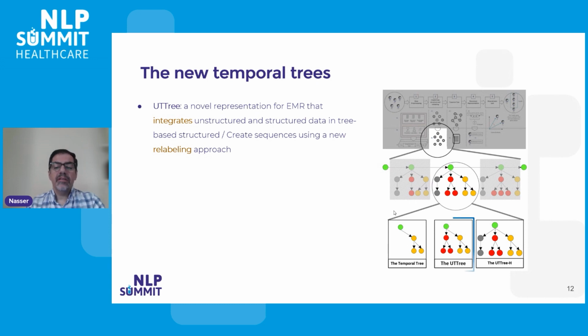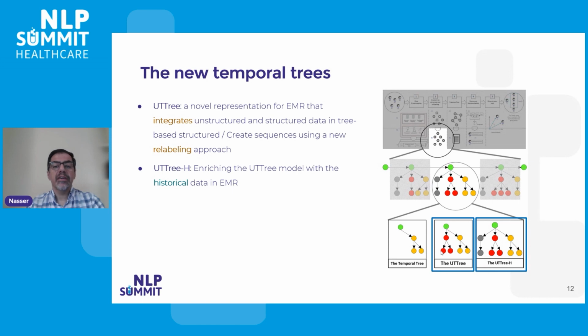The types of data that UT3 takes into account are current real-time data, shown in yellow, and the effects with long-term aspects, shown in red. UT3H further improves the UT3 model with historical data in EMR, shown in gray. We will discuss that this historical part of the data is also important in some cases.